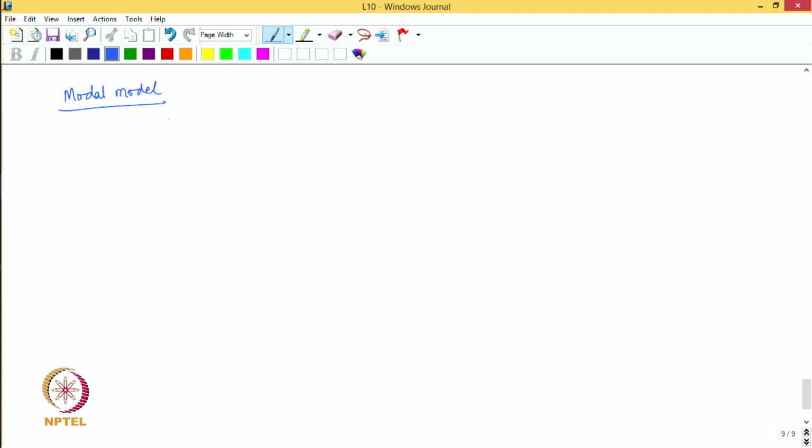So, it consists of 2n complex conjugate eigenvalues, or maybe I can say that rather it consists of n pairs of complex conjugate eigenvalues and n pairs of complex conjugate eigenvectors, right.